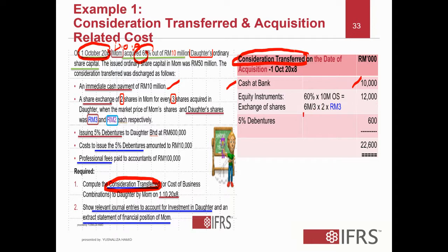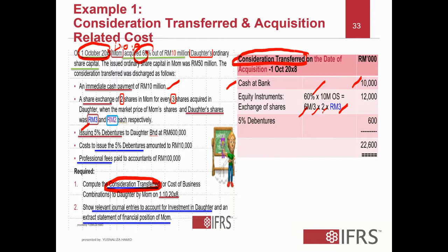So I'm putting it here because 60% from 10 million, 2 for every 3. And the issuance price should be the fair value or the market price of shares in mom, which is 3 ringgit. So you will have 12 million.